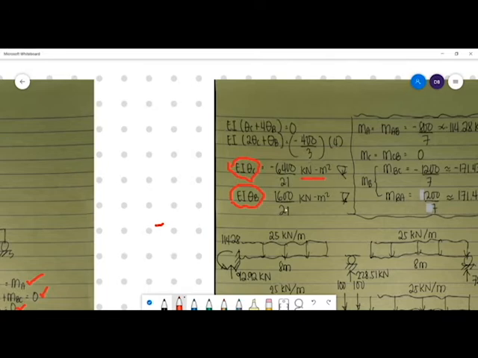EI theta B is equal to 1,600 over 21 kilonewton meters squared. The negative here indicates that the slope is clockwise. But we can remember the sign convention more easily if we follow the slope as seen on the member.